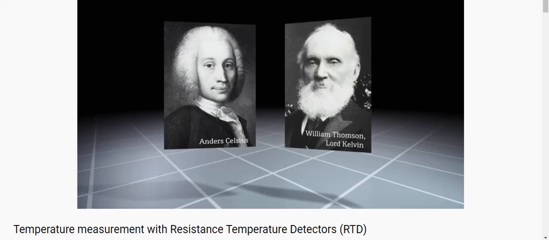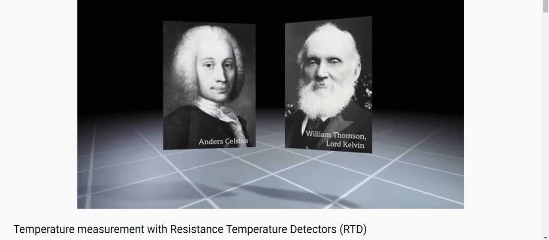The difference between two temperature values of 1 Kelvin unit and 1 degree Celsius is always equal. In honor of these two gentlemen, the legal units for temperature measurement were named after them. Temperature is the most commonly measured variable in process automation.